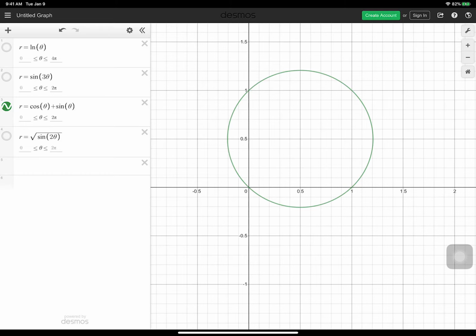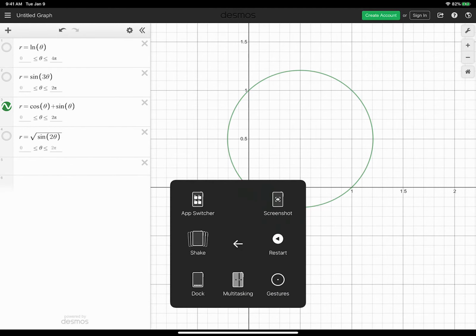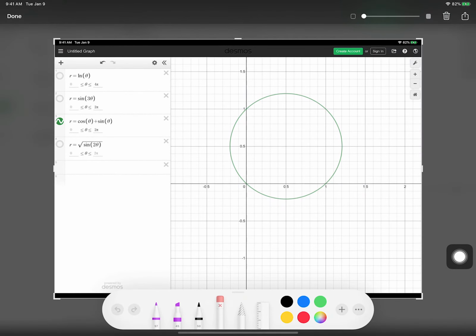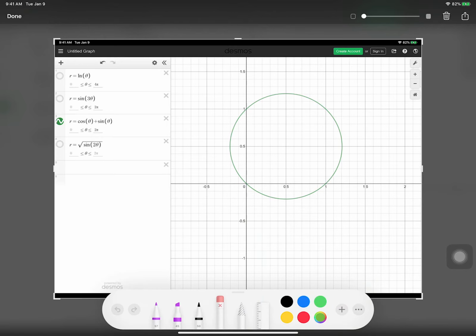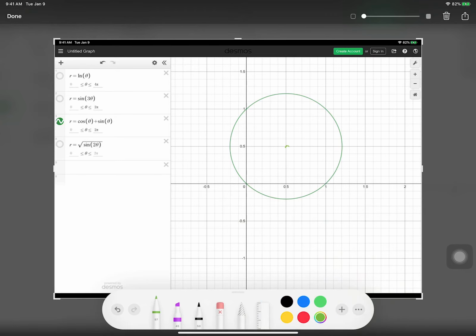Let's take a picture so we can write on this. So right in here, and let's change the color to green since we're looking at a green picture. Okay. Looks like your circle has a center right in here.